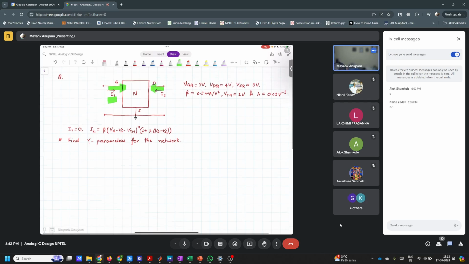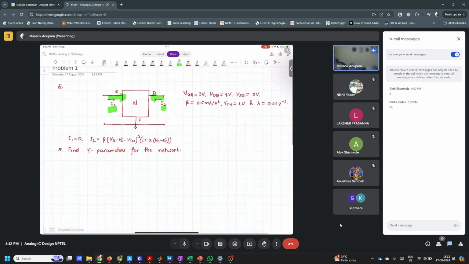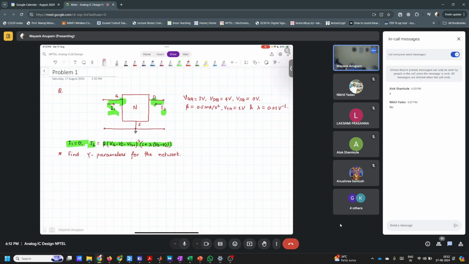Now we have defined the relationship between I1, I2 and all the voltages. I1 is always 0. That is given, so no need to worry about this. But I2 is not 0. I2 is beta times this particular thing. So I2 depends upon the voltages.